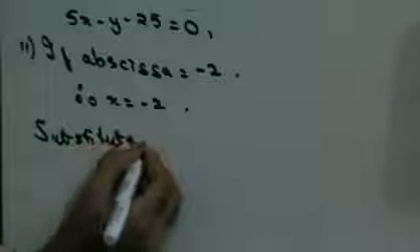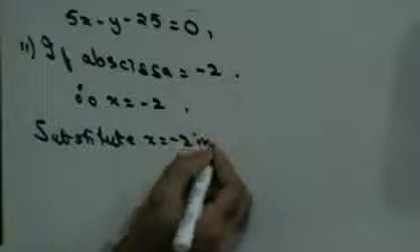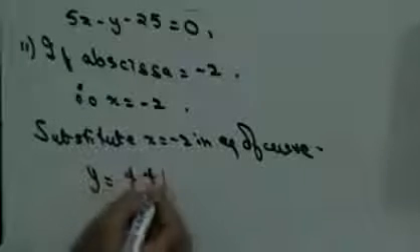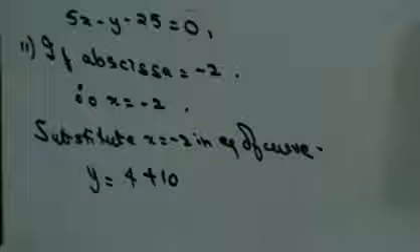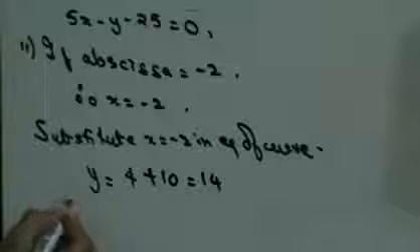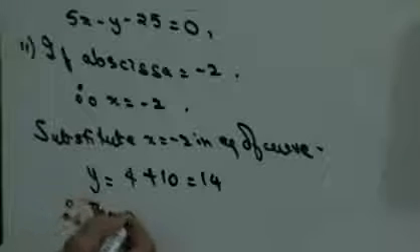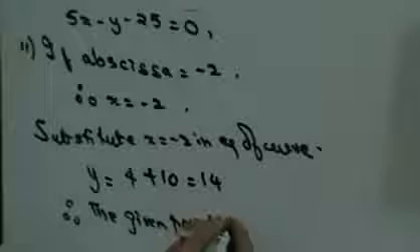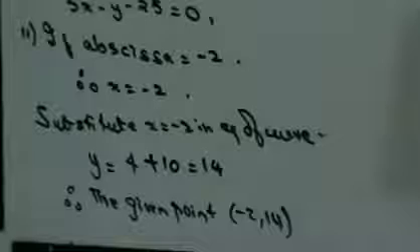So I will get y is equal to 4 plus 10, so you will get 14, right? Therefore, the given point is x is minus 2, y is 14. So the given point is minus 2 comma 14.